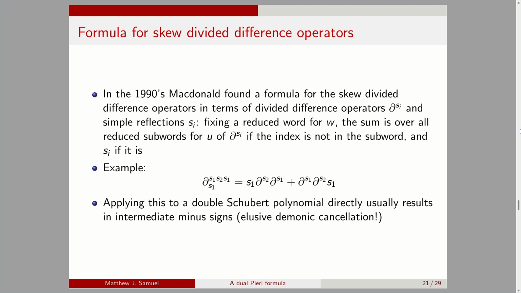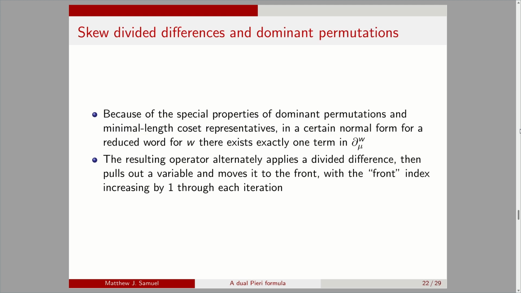When there are two terms, we're not in good shape. There's usually going to be cancellation and minus signs, which I call elusive demonic cancellation, because somehow it always ends up positive, but there are lots of minus signs. Now, because of the special properties of dominant permutations and minimal length coset representatives, if we pick a certain normal form for a reduced word for w, there is exactly one term in partial_{mu w}.